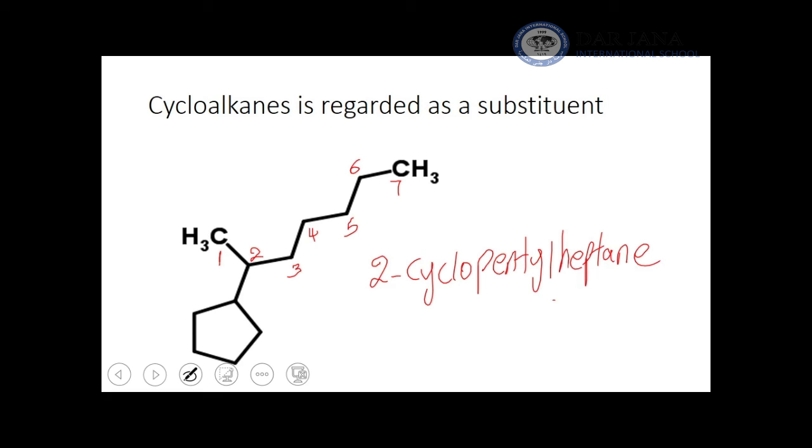Remember that for any alkyl group, we remove the suffix "ane" and we put "yl" for the substituents only. Why pent? Because this cycloalkane contains 5 carbon atoms. So this molecule is called 2-cyclopentylheptane.